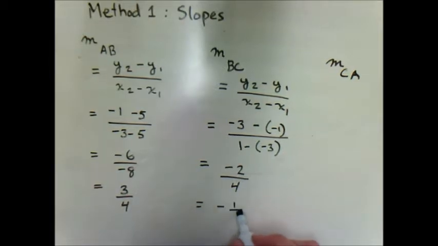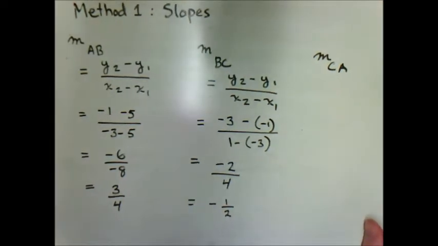And this reduces to -1/2. So far, there is no connection here. The slope of AB is not the opposite reciprocal of BC. So let's try CA.